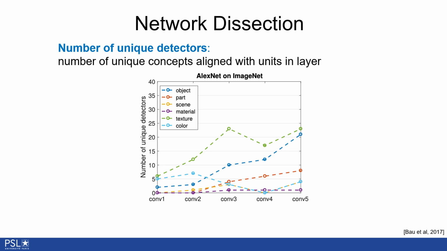The deeper layers instead represent increasingly high-level features, in particular objects, shown in dark blue, and parts, shown in red. This quantification in terms of the number of unique detectors therefore provides us with a simple tool to interpret which features are represented by units in a given network.